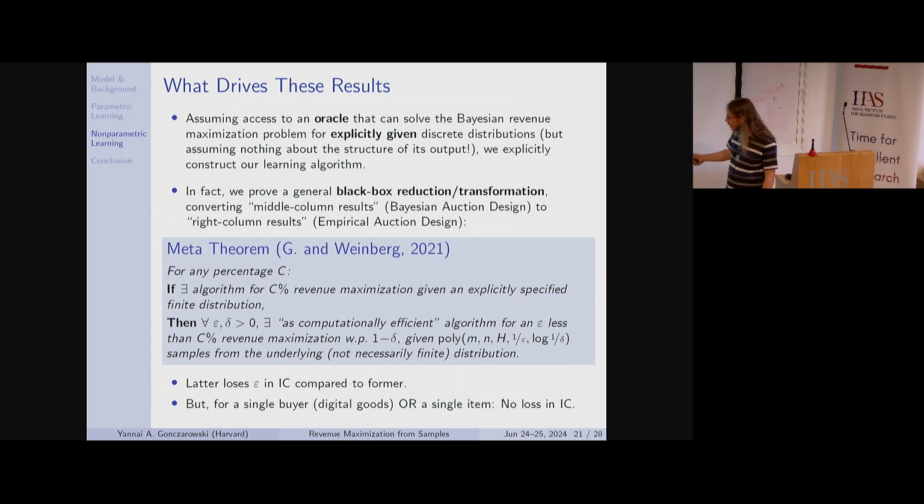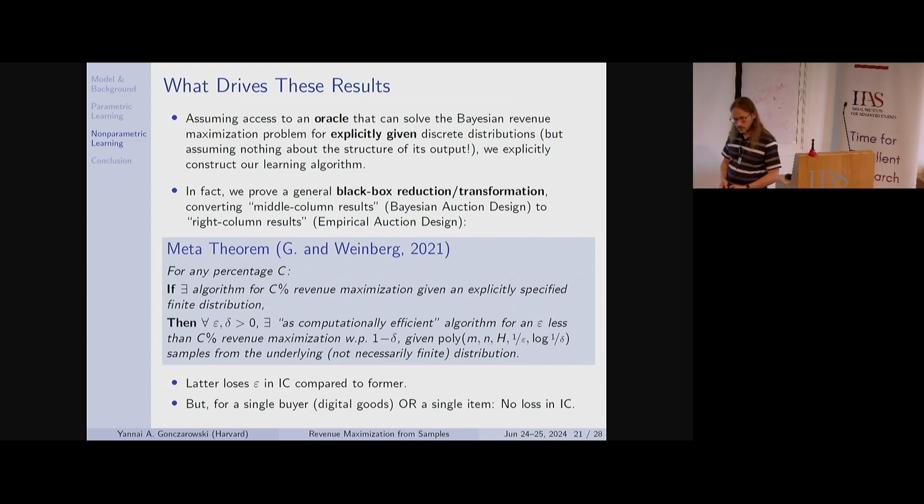So the overall message is basically saying, if you're willing to endure a loss of epsilon in incentive compatibility, modulo all of your rightful comments, Moshe, samples aren't as big of a deal as we thought they were.